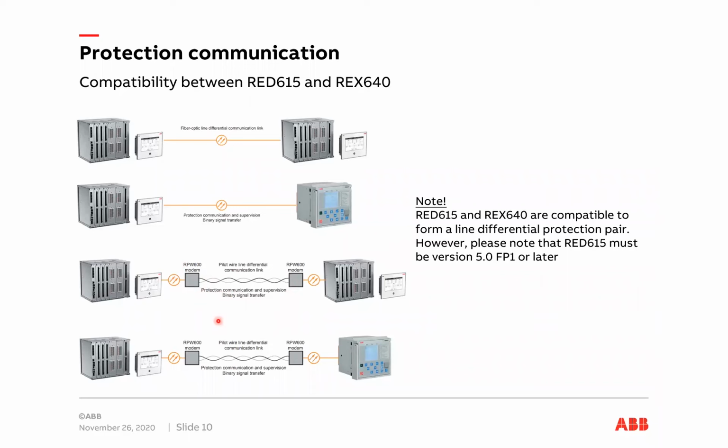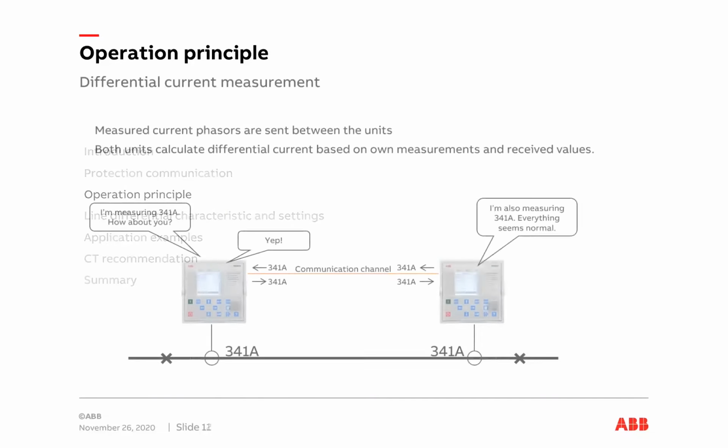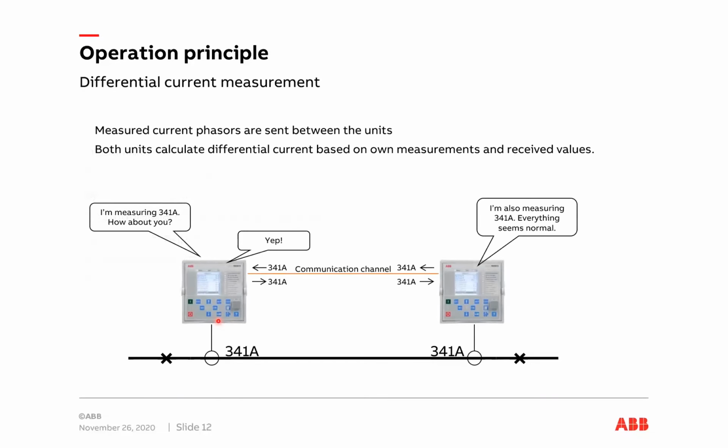So let's then have a closer look at the operation principle for line differential protection. It works in this way that both relays are measuring the current in each end of the line. And this current measurement is then sent out on the communication link to the other relay.